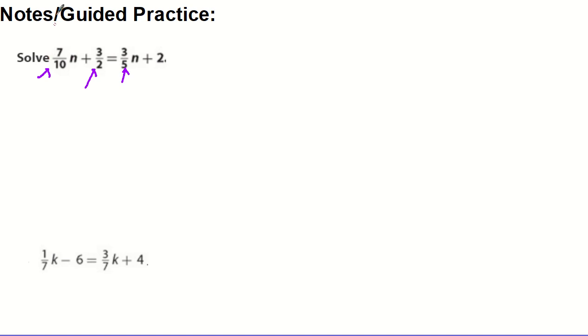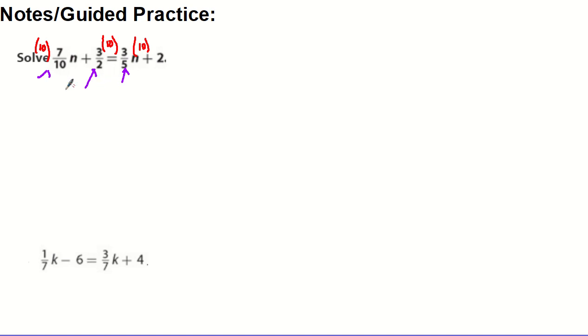So what I'm going to do is multiply each and every single one, that was really bad handwriting, sorry guys. My pen's being a little weird today where my slate's not very accurate. I'm going to multiply every single one of these fractions by that common denominator, or by that lowest common multiple. So I'm going to multiply every single one of these by 10. Because with equations, we can really multiply whatever we want by whatever numbers we want.